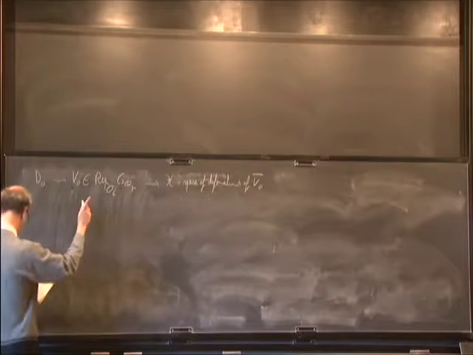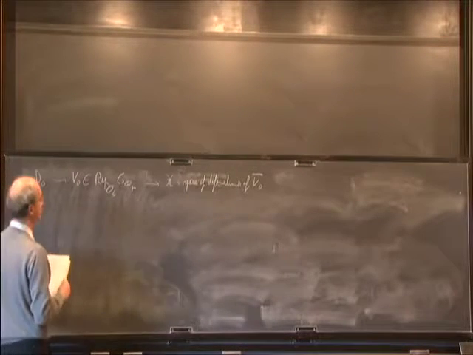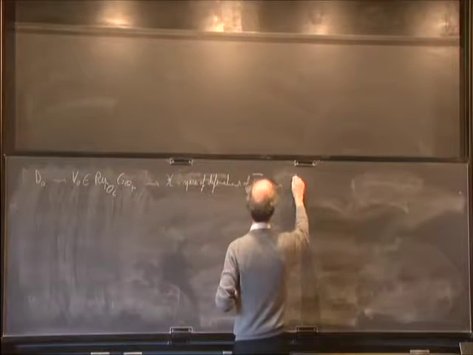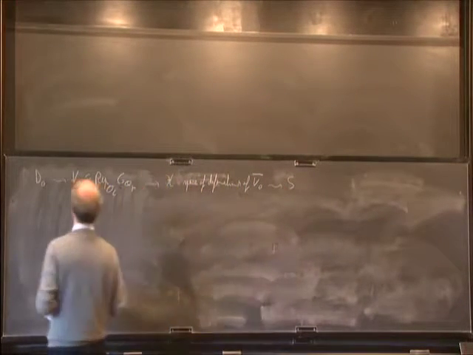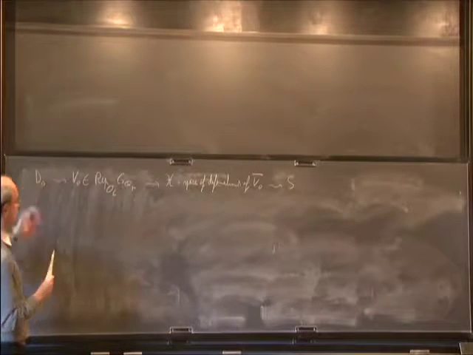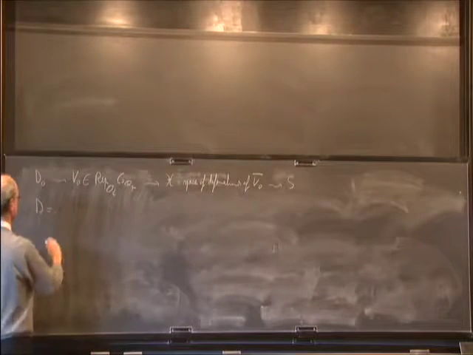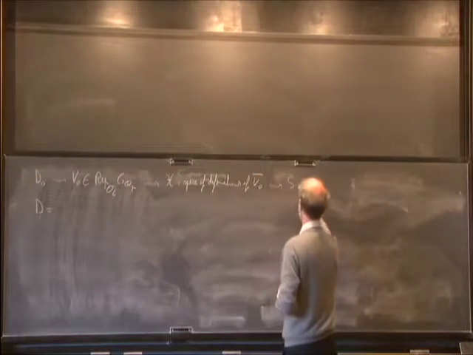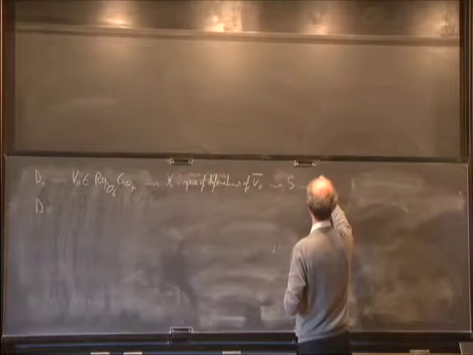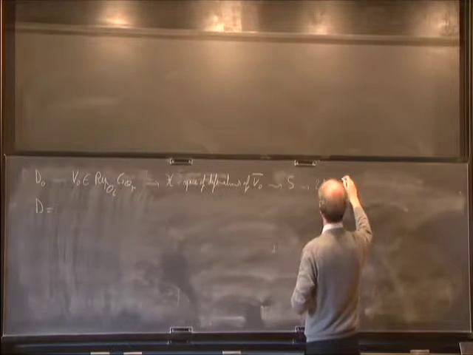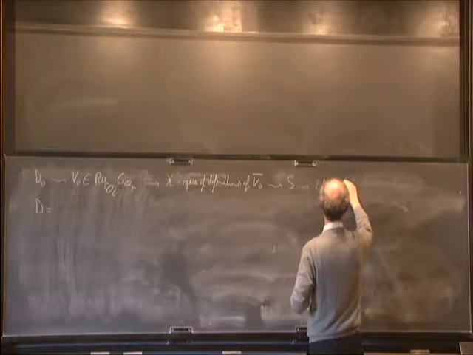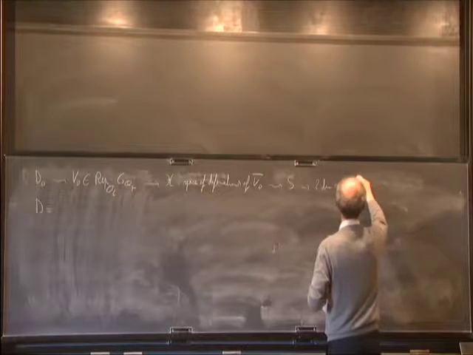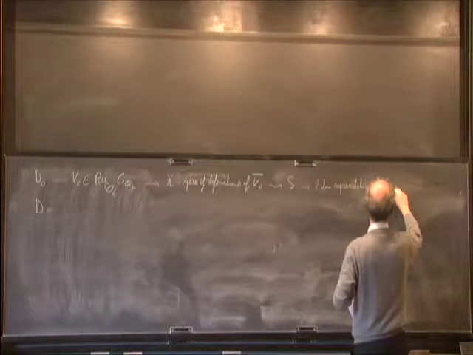So this is going to give you an S, and it gives you also a two-dimensional Galois representation of G_{Q_p} over S.